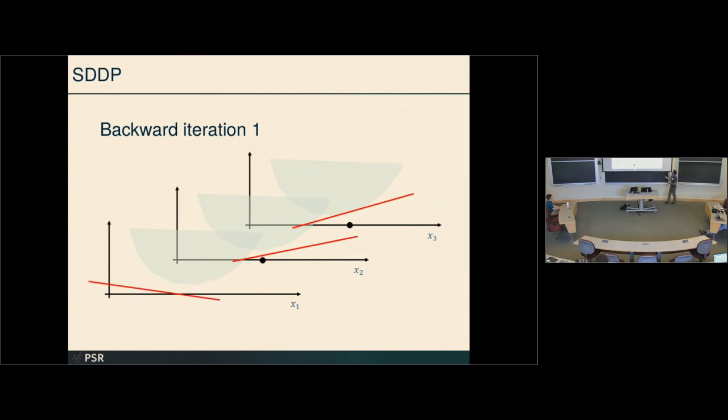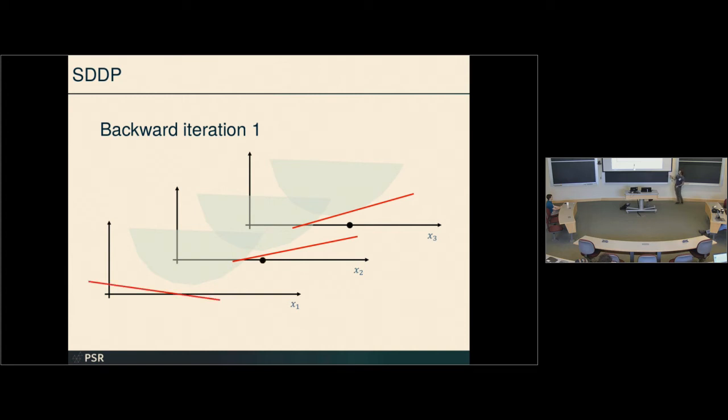This figure is showing something that is not being seen here because everything is too light. This cut in the last state is usually tight to the lower bound of the approximation of the so-called future cost function. But in the other states, it doesn't get tight the first time because you're solving an approximation of the problem.